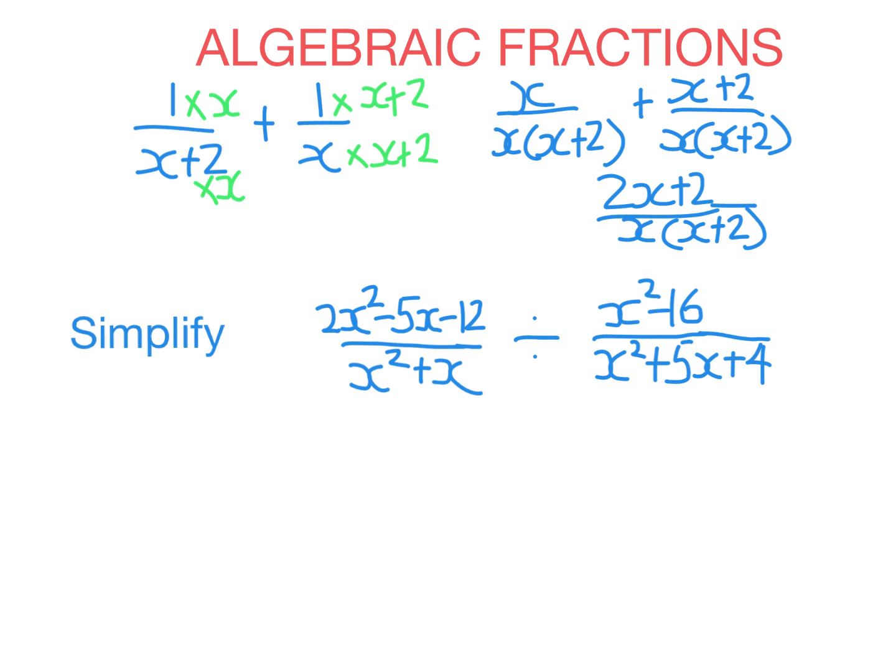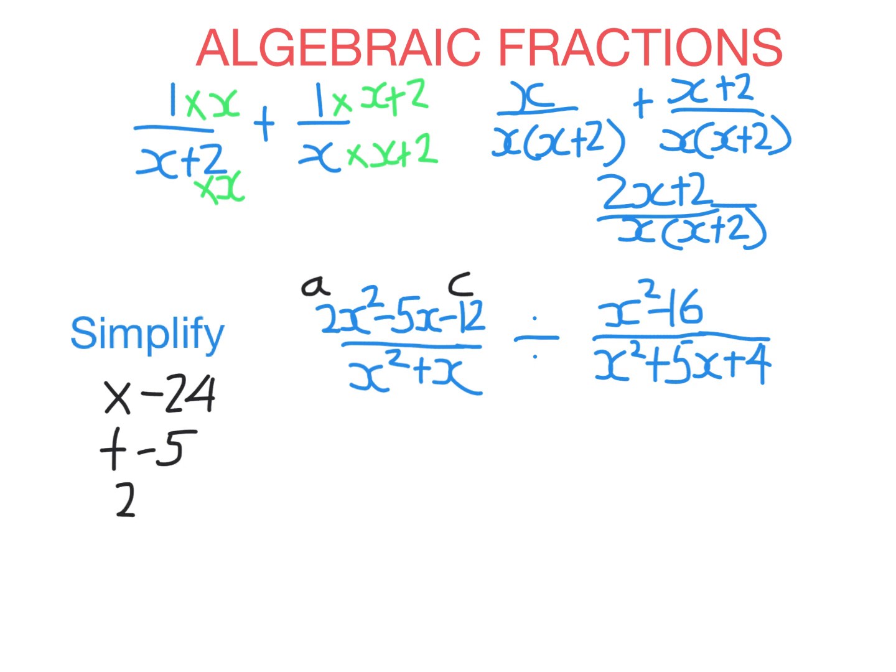All right, let's look at simplifying these algebraic fractions here. So when you see an expression on the top that is multiple terms, see if you can factorize it. So let's start by factorizing this quadratic here. We're going to use the AC method, A being 2, C being negative 12. We want two numbers that multiply to A times C, negative 24, and add to negative 5. So going through the factors of 24, we see those numbers are negative 8 and positive 3.